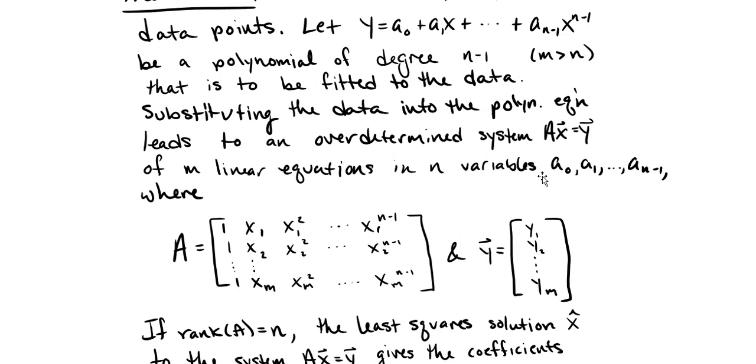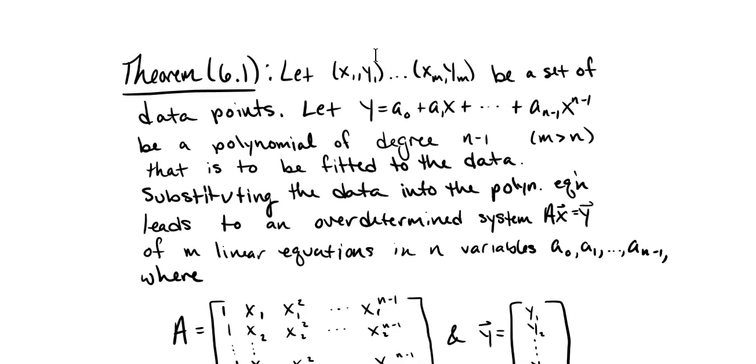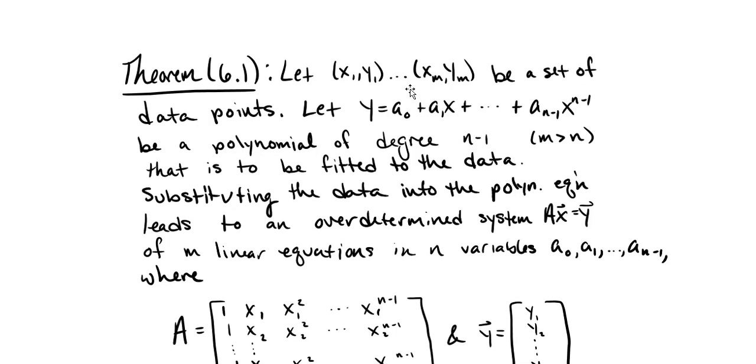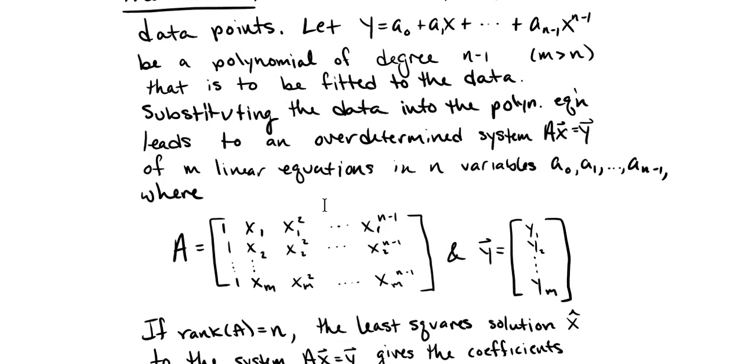Then it turns out that the system Ax equals y would have the coefficient matrix given here: a column of ones, a column of all your x coordinates in your data, x1 through xm, a column of all those squared, a column of all those cubed, all the way up to a column of all those to the n minus 1 power. That's like 1, x, x squared, all the way up to x to the n minus 1, just with the data points plugged in.